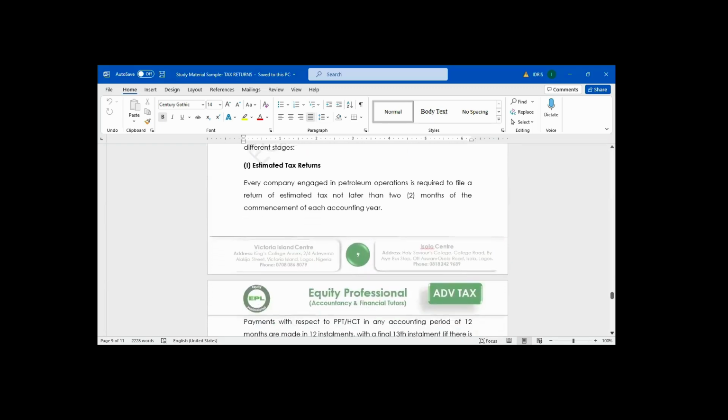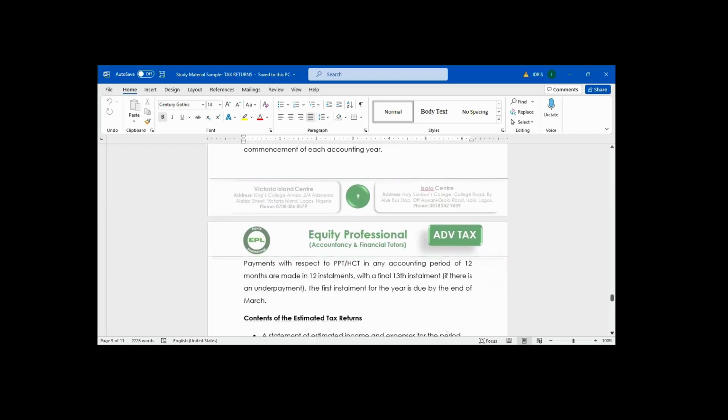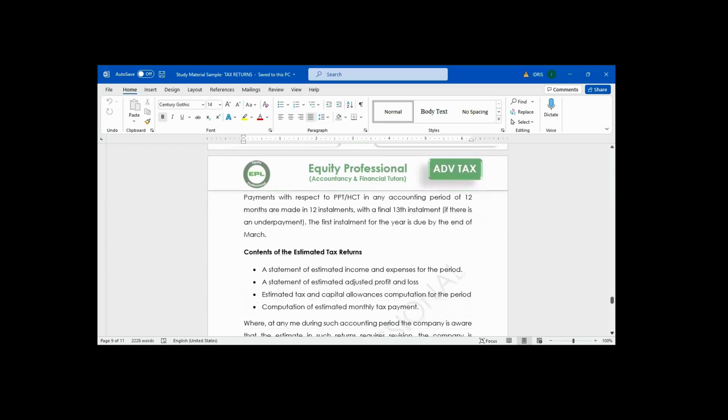That means, assuming we are in the year 2025, you must file the estimated tax return for 2025 not later than February 2025. In that estimated tax return, you are going to show your estimated tax. Petroleum profit tax is paid every month, so you show the estimated petroleum profit tax that you will be paying every month based on installments.